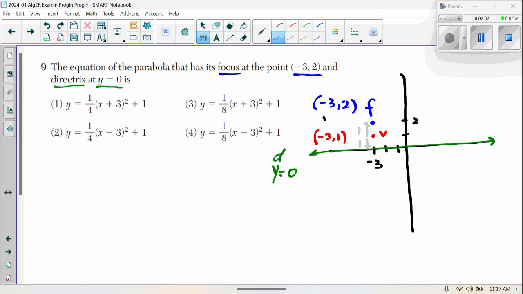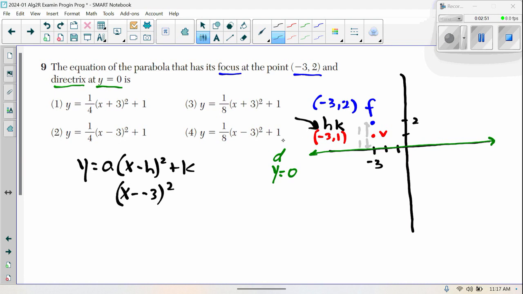The vertex is the h and k in my equation. So y equals some number a times x minus h squared plus k. I have my h and k, so it's x minus a -3 squared, because of the -3 from here, plus 1, because I get the 1 right there.